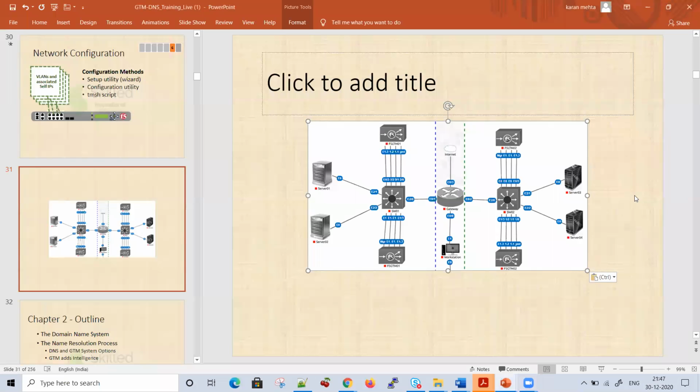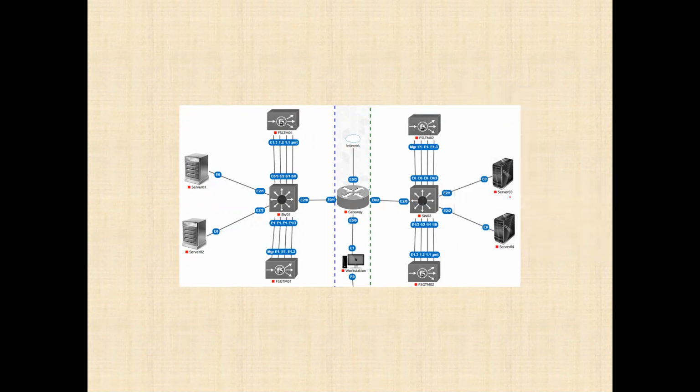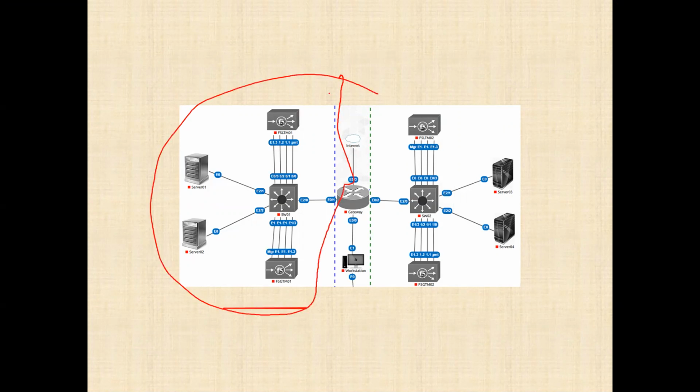I will show you what we have. If you see two lines, we are using one as the London DC, and this is our New York data center.